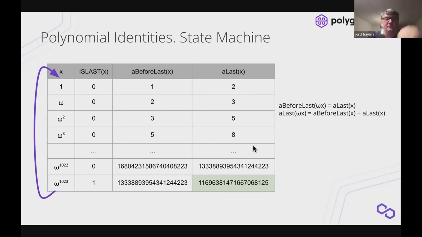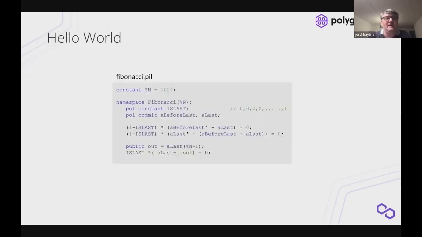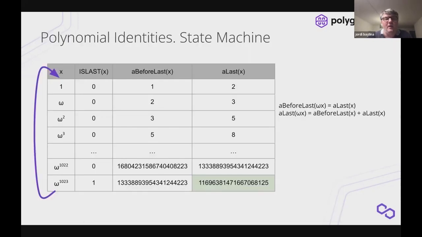Here we see the idea of this state machine. So how do we write that in PIL? Before going forward, we have a slight problem here. This relationship is fulfilled, but the problem is the last row and the first row.